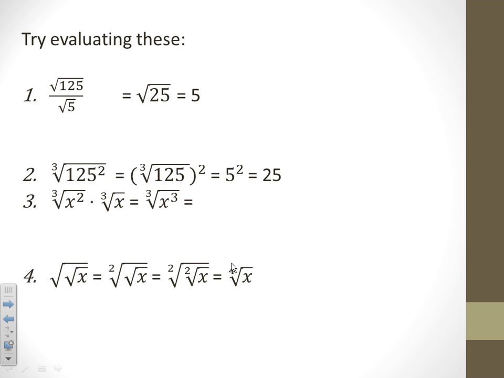Just like up on that box one, the numbers can be manipulated that way as well. Now the cubed root, remember, means something times something times something needs to equal 125, and 5 times 5 times 5 does. So the cubed root of 125 gives us the 5, then we tack on the squared, and 5 squared is 25.